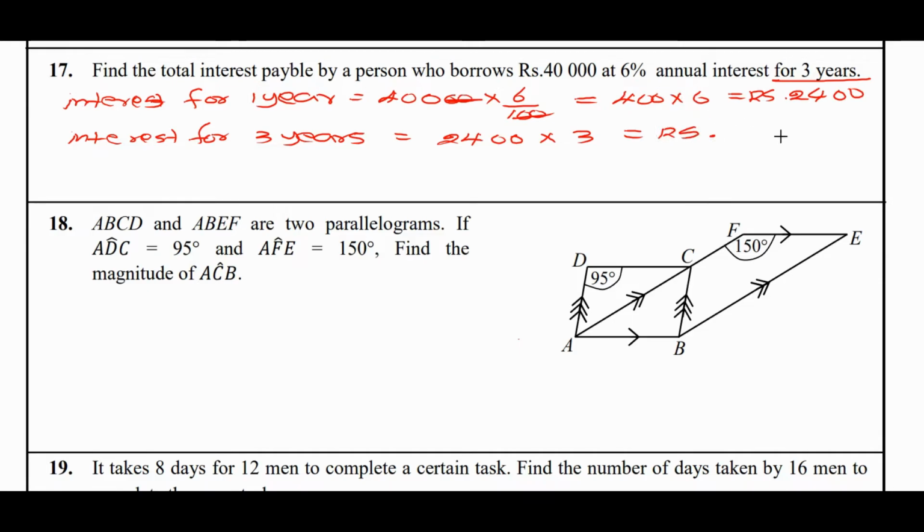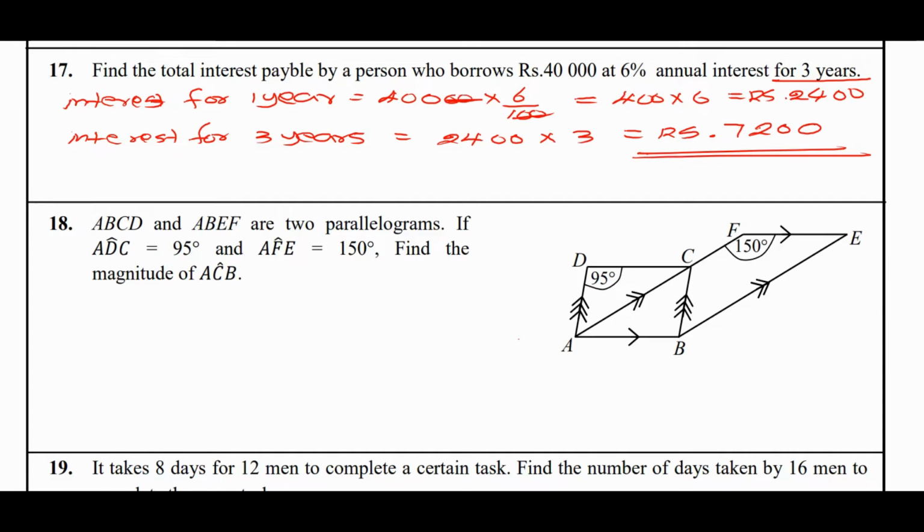This will be 7,200 rupees. And we have to find the total interest payable by a person. Total interest. We don't have to find the total payable amount. We have to find the total interest. Then rupees 7,200 should be the answer.